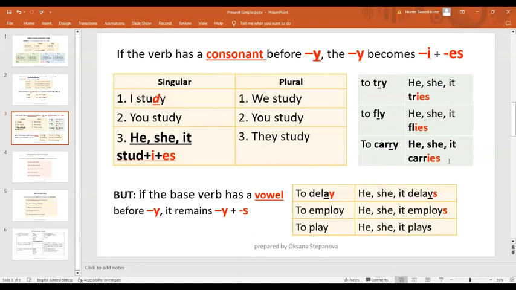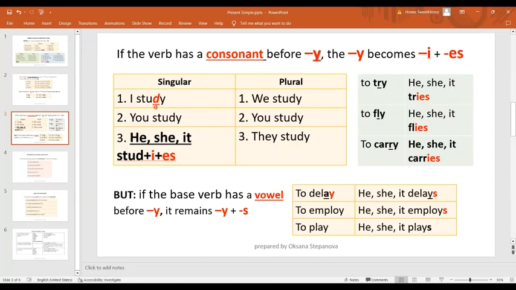So what happens here? Let's look at the example. Let's look at this table. Singular, first person, I. I study. We don't change it in first person, right? The verb ends in Y. So let's look at what we have before Y. We have the consonant D. D is a consonant.